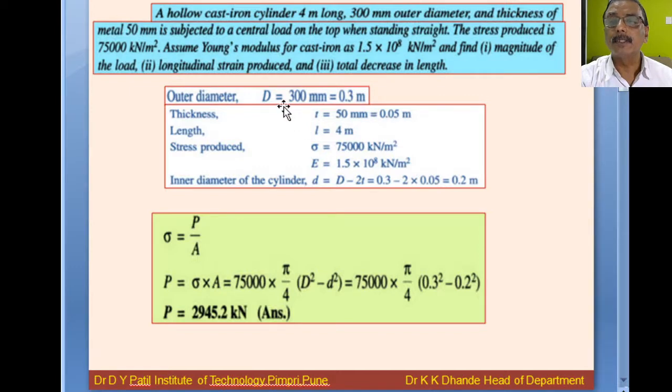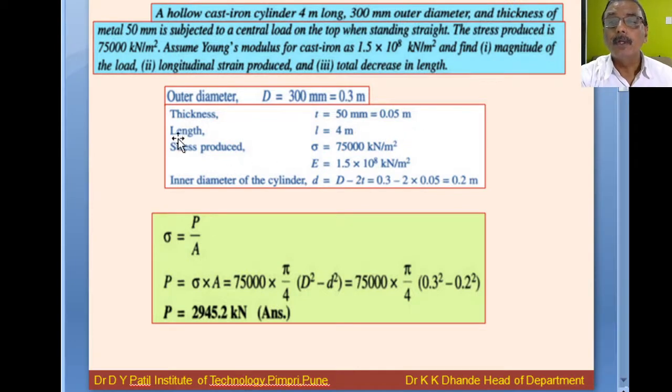So we may convert this mm into meter to avoid the mistake. Thickness of the metal 50 mm is given, convert into meter, so divide by 1000. Remember, 1 meter is equal to 1000 mm.